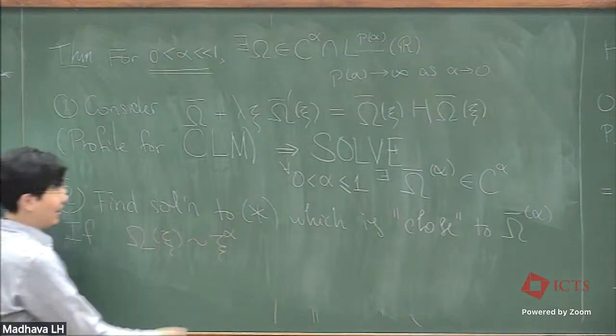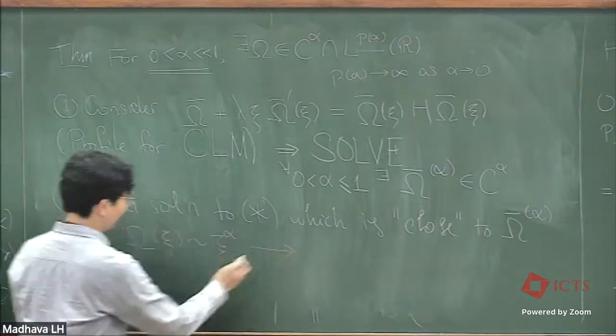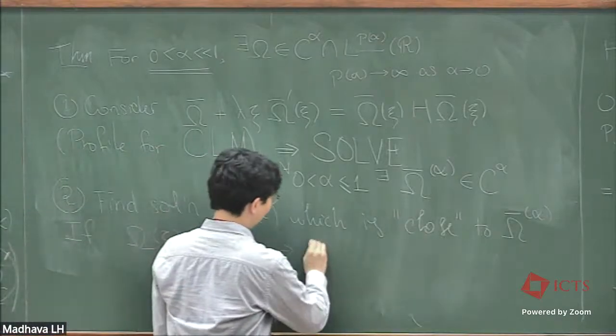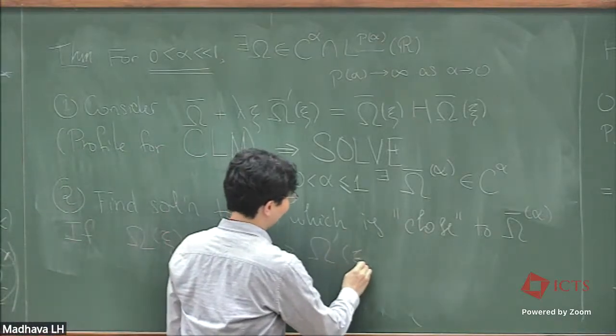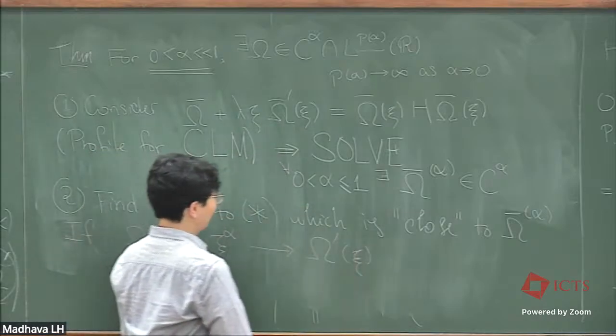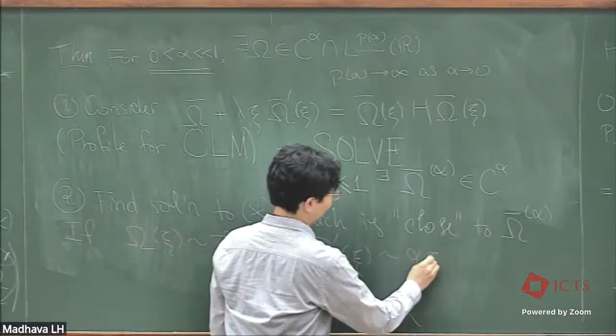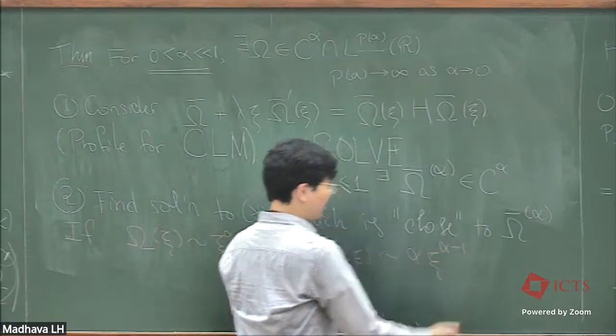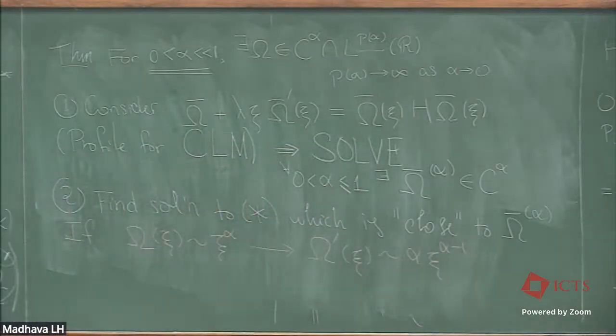It may look very stupid, but that's what it is. If you take the derivative, you get alpha. Actually, that's it. If you have an x to the alpha function and you differentiate, you get alpha.